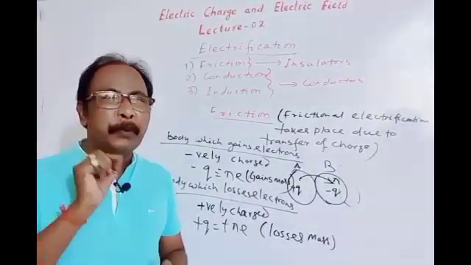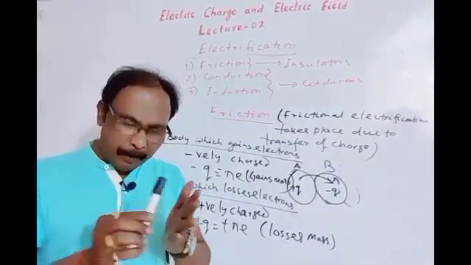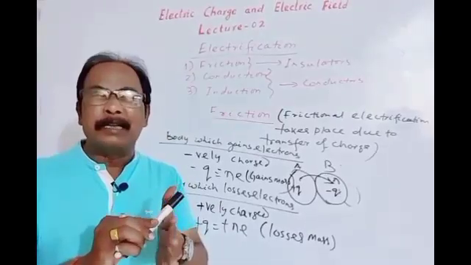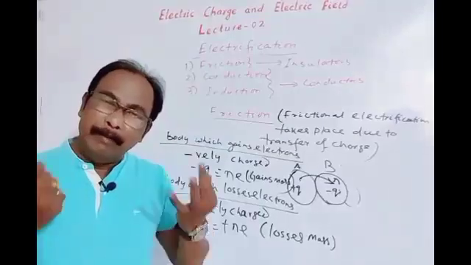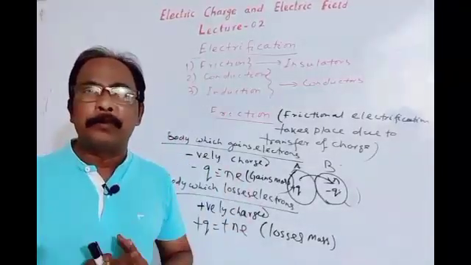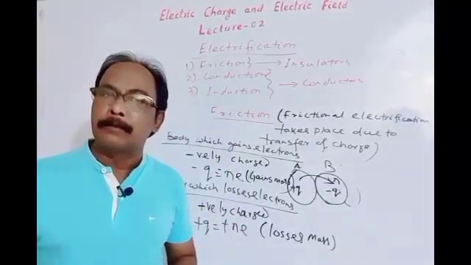Okay, and as you know, if you rub two bodies vigorously, then charge will transfer from one body to another body. Then during the transfer of charge, sometimes we have observed sparks.